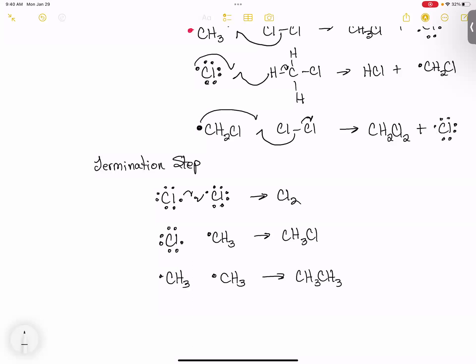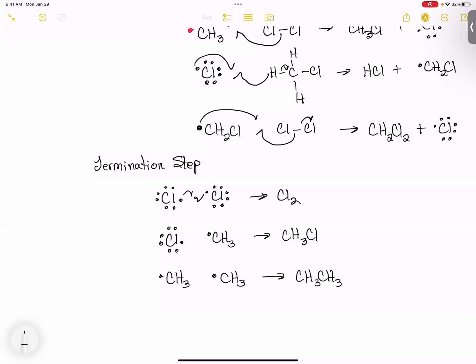If you're one of those that makes flashcards, that's what you need to make flashcards of. Again, it says summary of reactions. So this is a very nice summary that I would use.